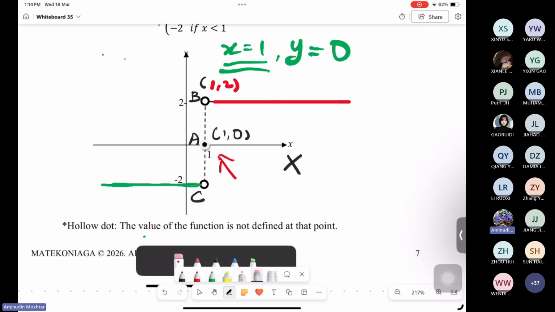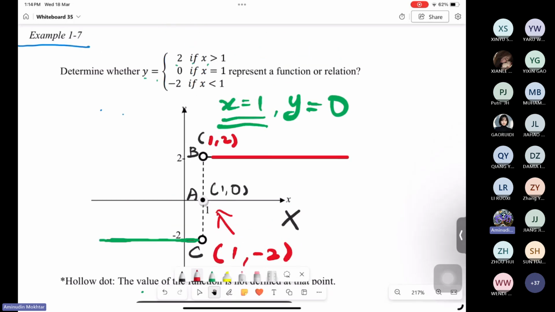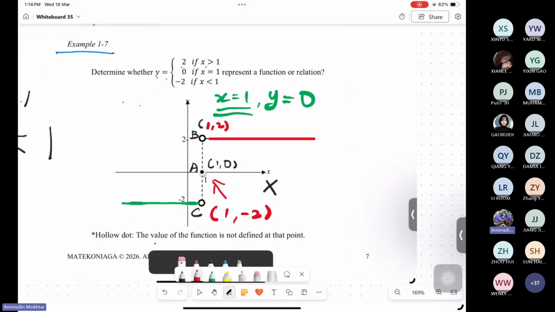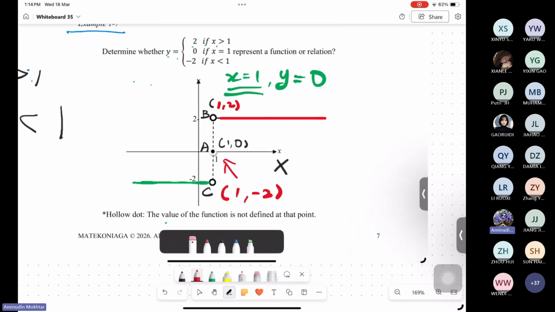At point C, there is also another coordinate point here. This is referred to x equal 1, y equal to -2. Again, if you refer to the question, when x equal 1, y equal 0, not 2.